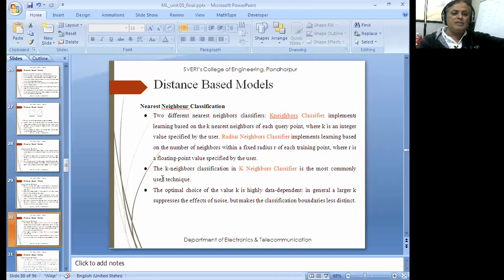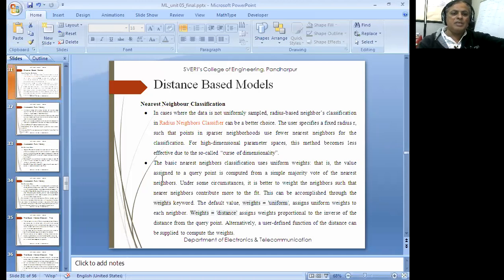We know that the optimal choice for the value of k is highly data dependent. Normally, if there is noise, we increase the value of k, as a larger value of k suppresses the effects of the noise, but it has the disadvantage of making the classification boundaries less distinct.